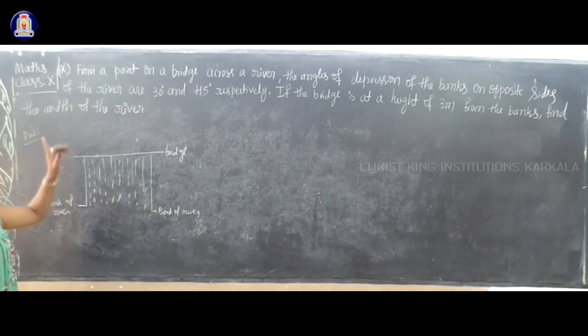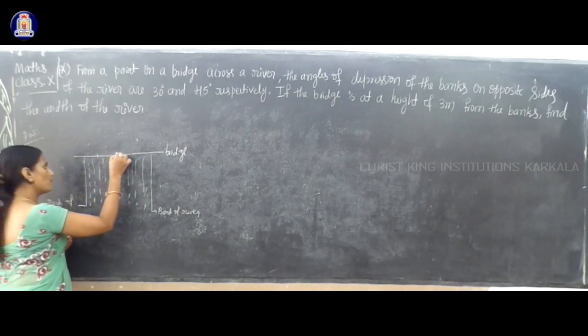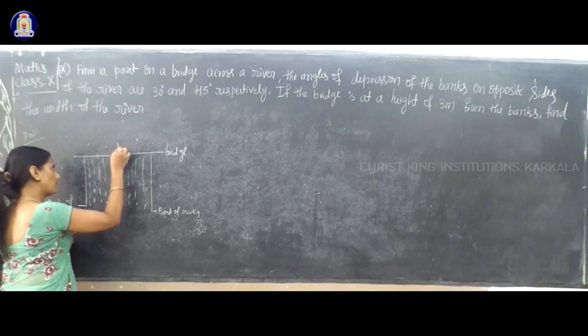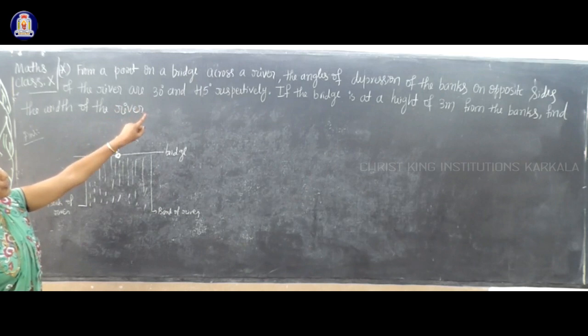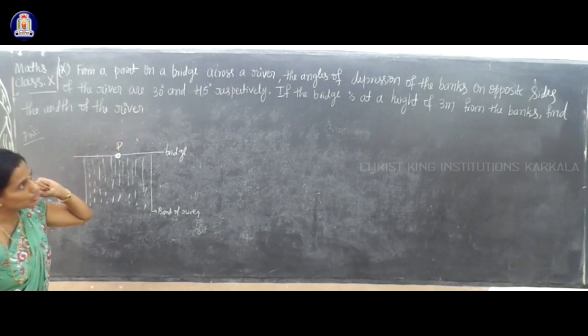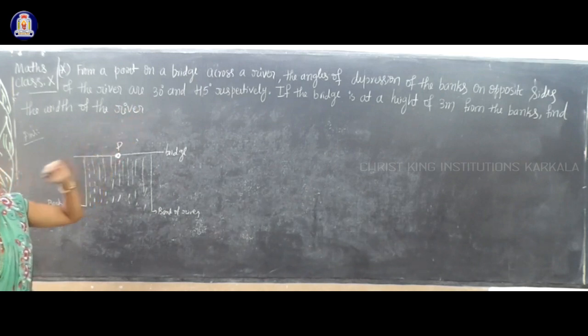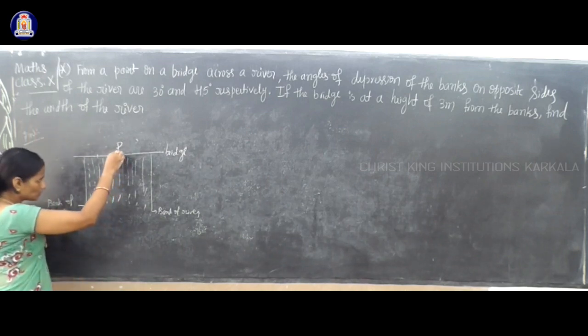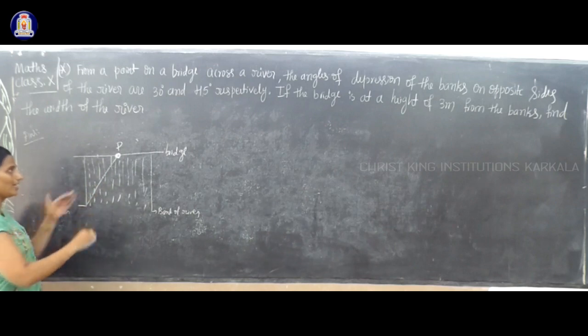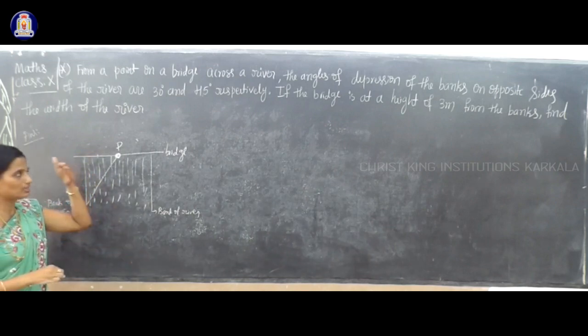From a point P on a bridge across the river, the angles of depression of the banks on opposite sides of the river are 30 degrees and 45 degrees.